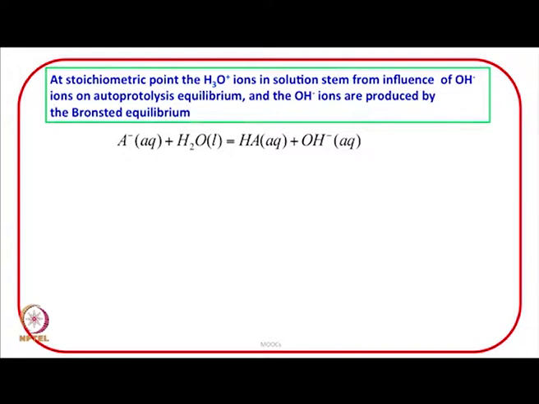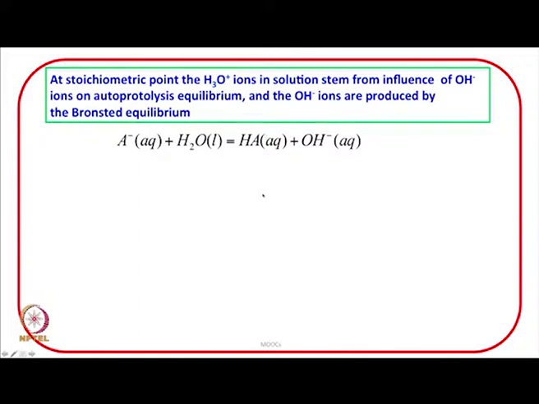The negatively charged hydroxide ions are also produced by the autoprotolysis of water, and by the action of A minus ions on water upon acceptance of a proton, because A minus is a Bronsted base.